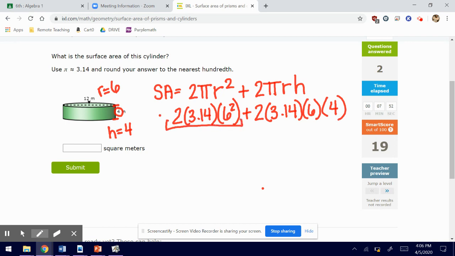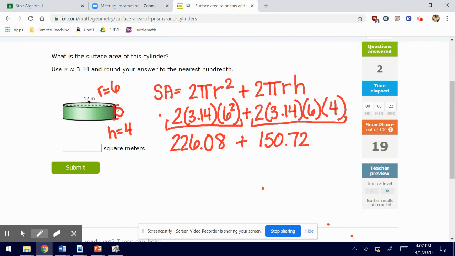Type in this part into the calculator first. 2 times 3.14 times 6 squared. That's 226.08. Now I'm going to type this part into 2 times 3.14 times 6 times 4, and that is 150.72.